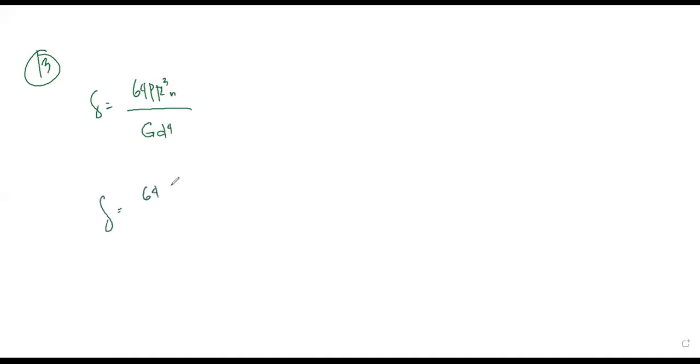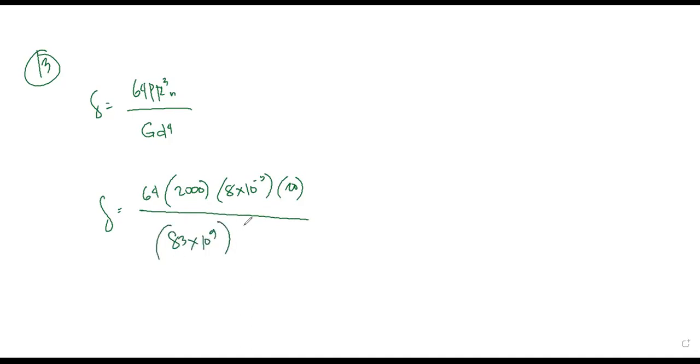We can calculate directly: 64 times the applied load, that's 2 kilonewtons, the mean radius is 80 mm, number of turns 20, G is 83 gigapascal, and the diameter is 20 mm.